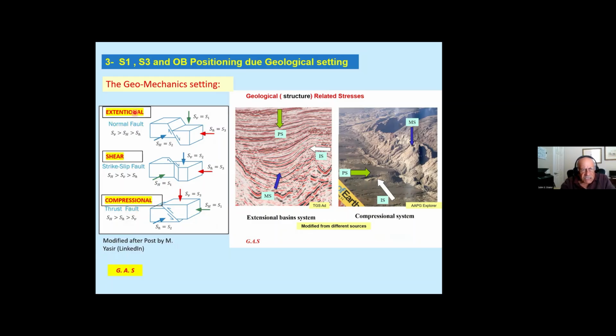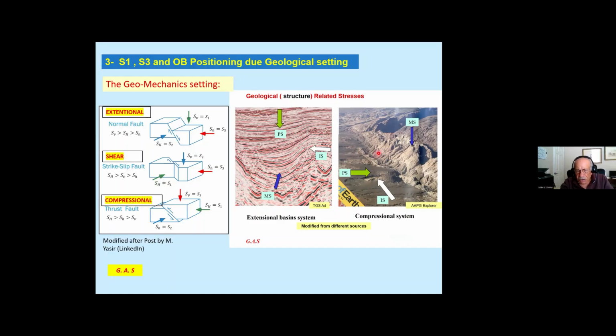So I call it extensional, which is where the basin extends. Compressional means that the basin shrinks because it's uplifted here. This is increase, and the strike-slip is a shear system. Here it is. That's extensional. The basin opens up, relaxes.